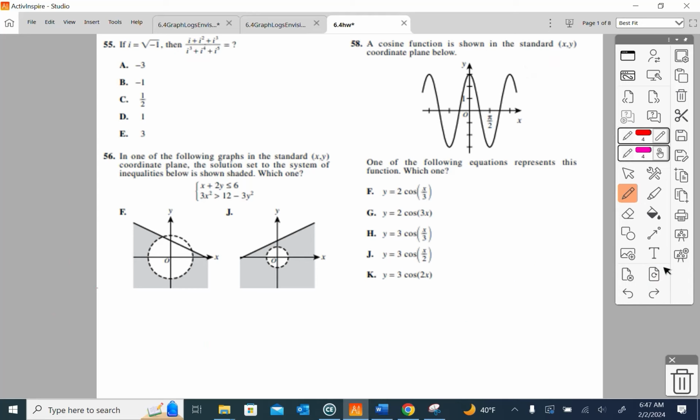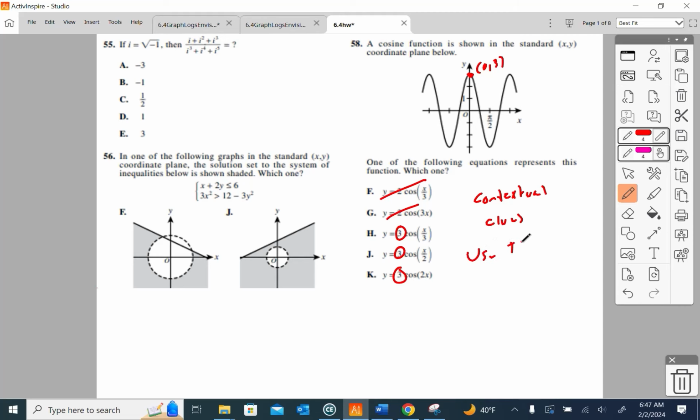58 is the next one. Because you guys have not seen trig like you needed to, I'd look for contextual clues here, like that's 0, 3. So be thinking about contextual clues. There's your 3. And the other big thing you have is you have a TI-84 in front of you.